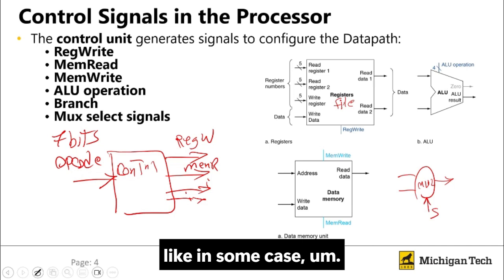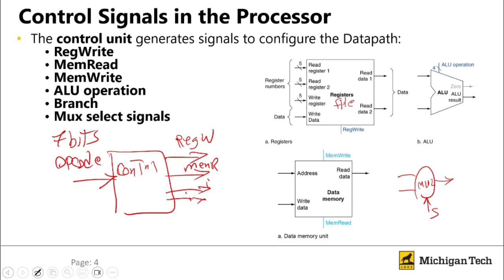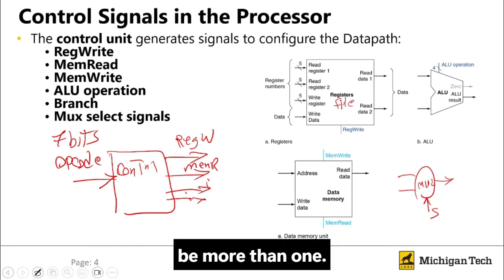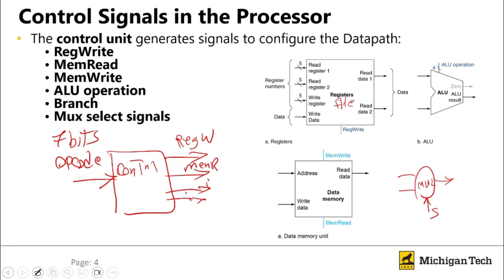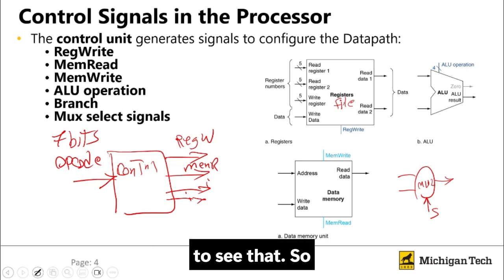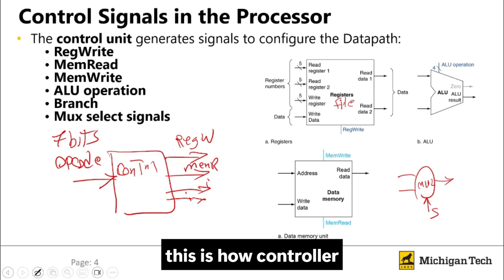In some cases, for example ALU operation, this might be more than 1 bit. Okay, we're going to see that. So this is how the controller works.